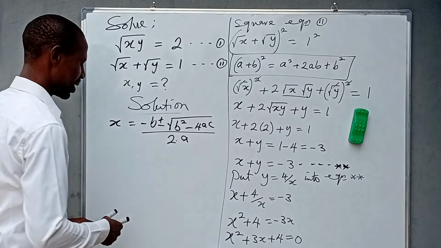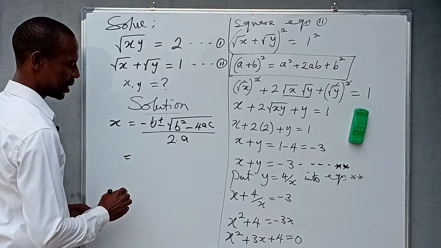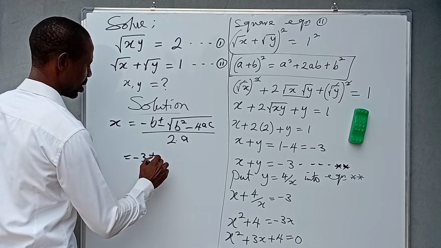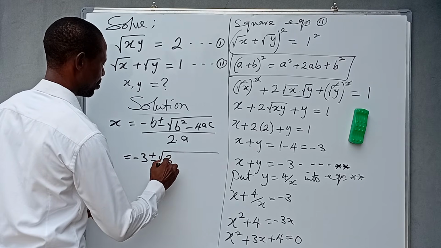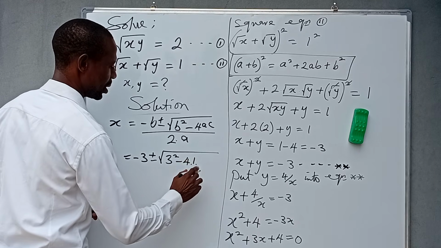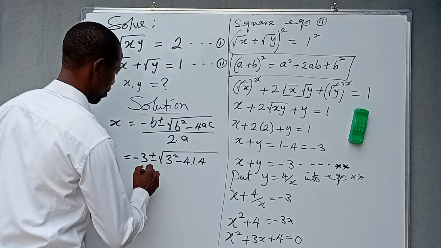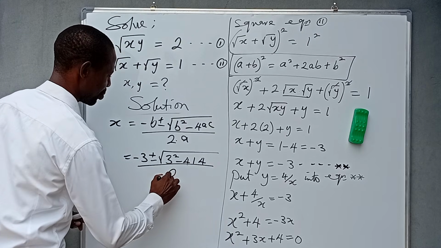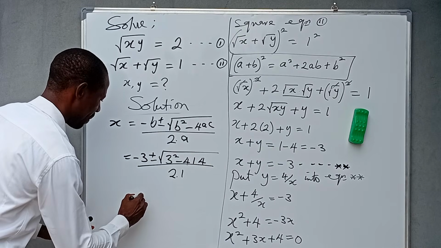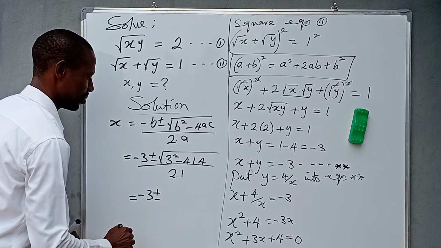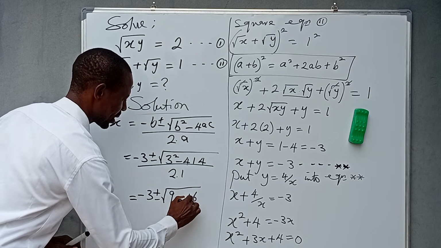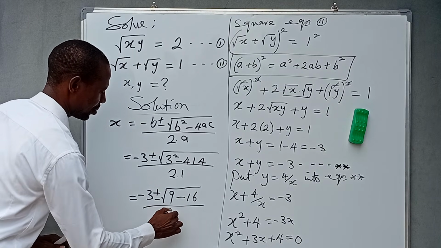So if we substitute that into this formula, this is going to give us minus 3 plus or minus the square root of 3 raised to the power of 2 minus 4 times 1 times 4, all over 2 times 1. If we carry out this simplification, we're going to have minus 3 plus or minus the square root of 9 minus 16 all over 2.